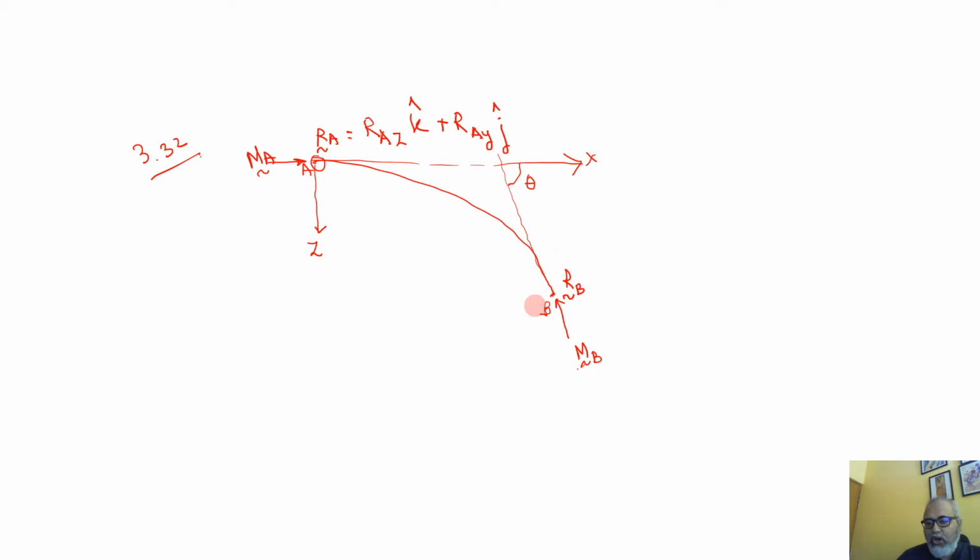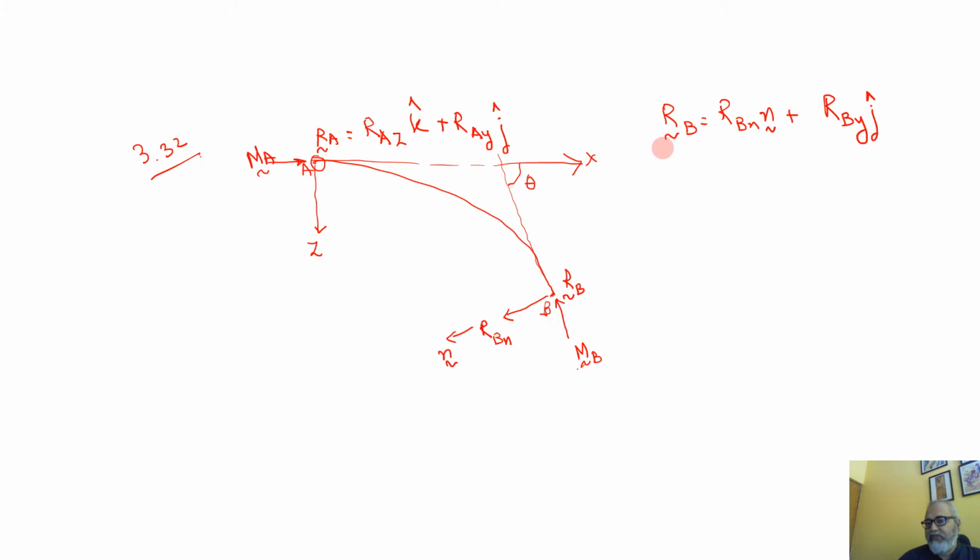But since it's normal, it will have a component normal to the beam here. The beam is not along the x-axis here as it is at A. So here you will have to take a normal component. So let's call that RB normal. So the vector RB would be RB normal times the unit vector in the normal direction, N, plus RBY j cap.